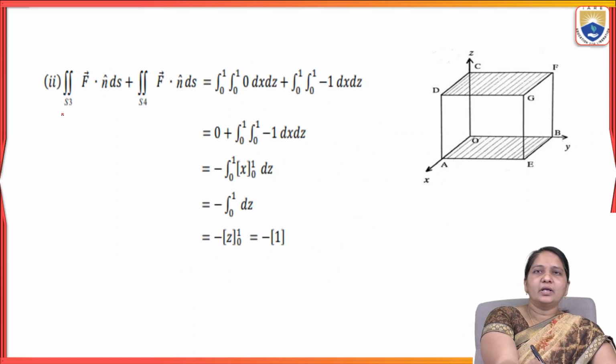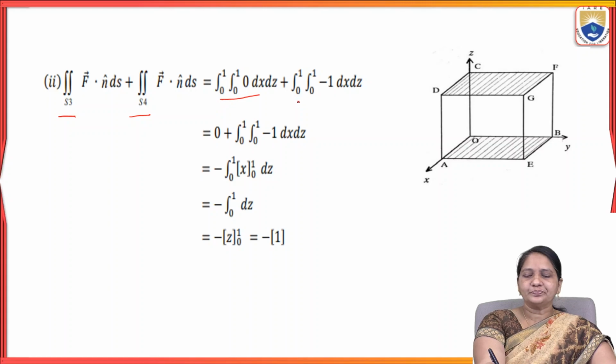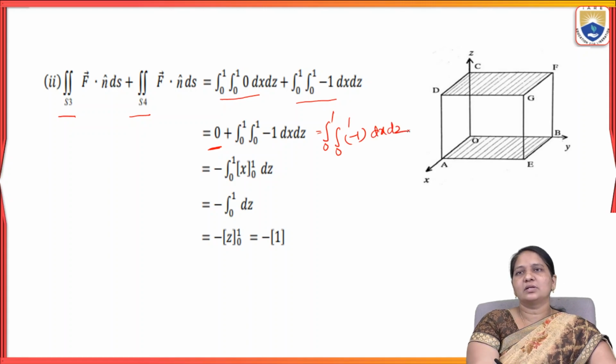Now we are taking S3 and S4. From the table we can observe the S3 integral value and S4 surface value. So integral 0 to 1, integral 0 to 1, 0 dx dz, so this value is 0. Now we are going to calculate this value: integral 0 to 1, integral 0 to 1, minus 1 into dx dz.